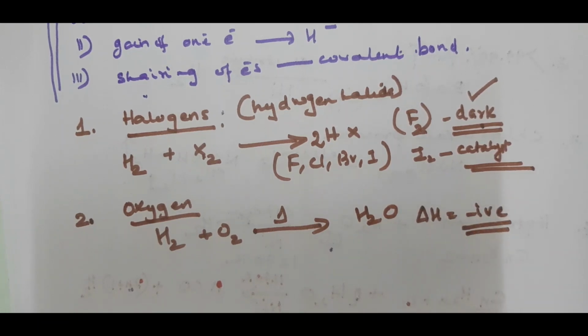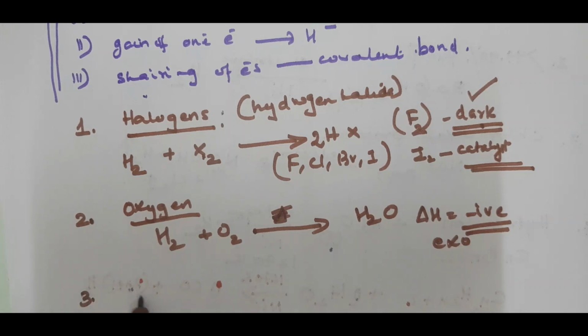If delta H is positive, it is called endothermic. Negative means exo, that is, heat is given out. Endo means you should give heat for the reaction to happen. So this reaction will give out heat energy.